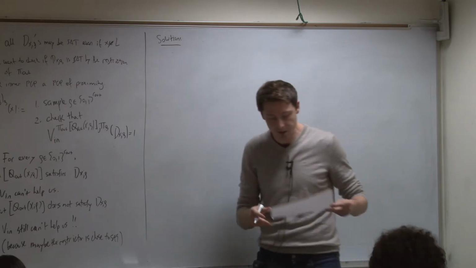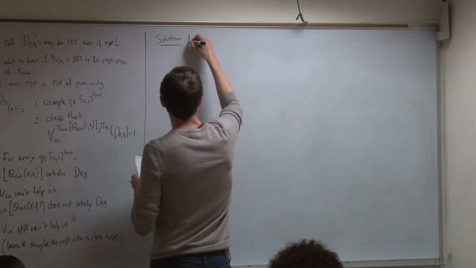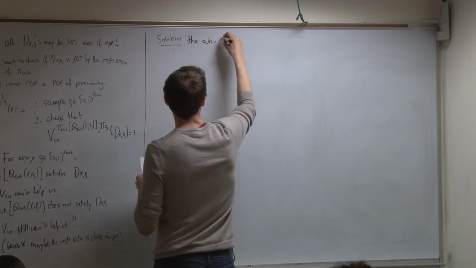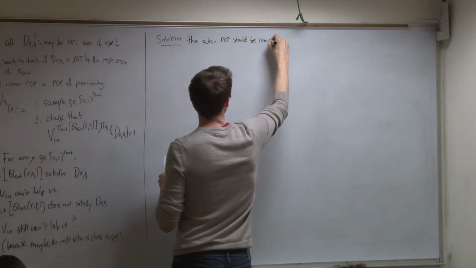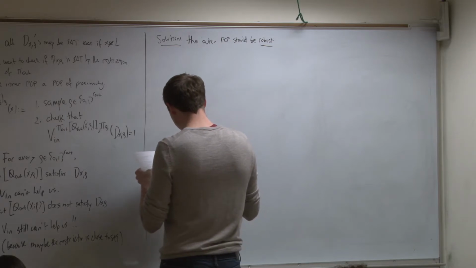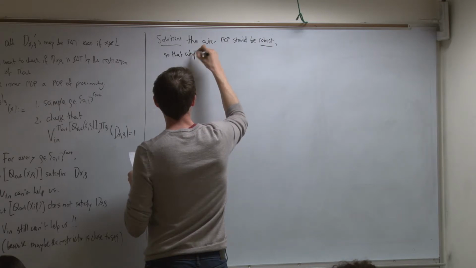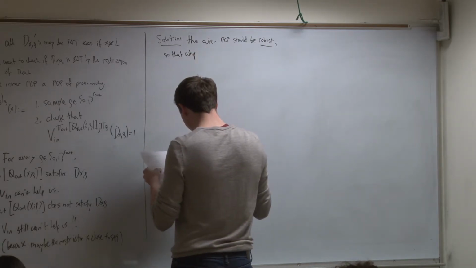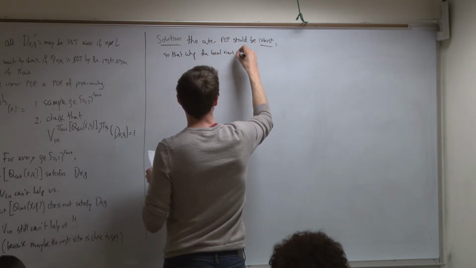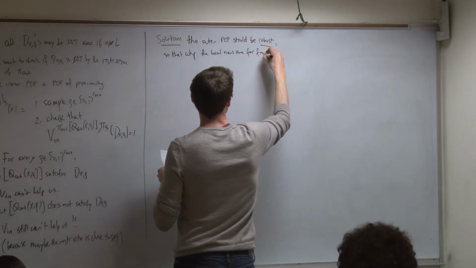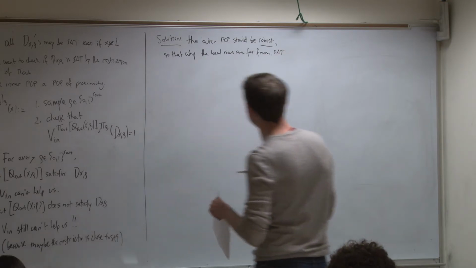So the solution is that the outer PCP should be robust, so that with high probability, the local views are far from accepting, from being satisfiable assignments.